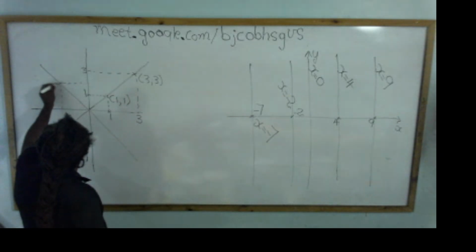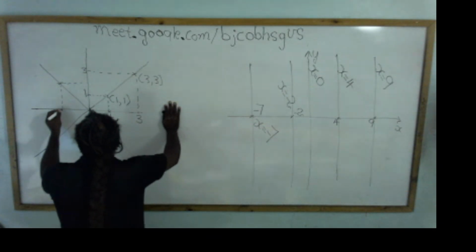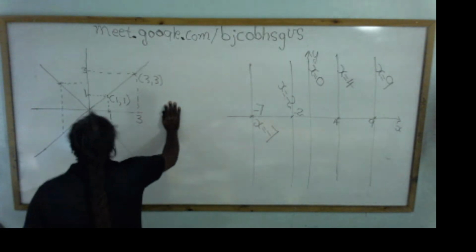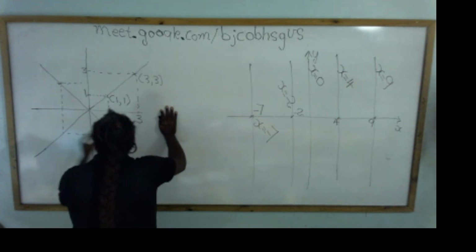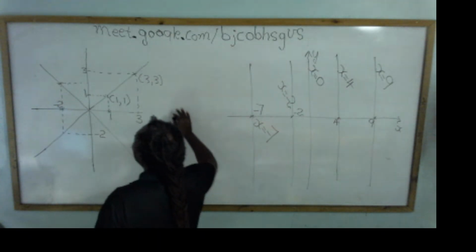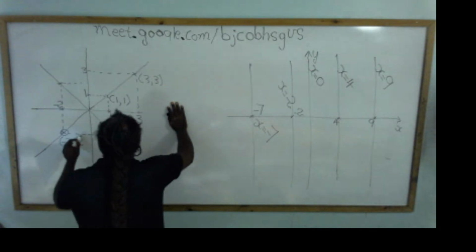So this point, okay, first of all, let us consider this one. Negative 2, negative 2. So this point is negative 2, negative 2.